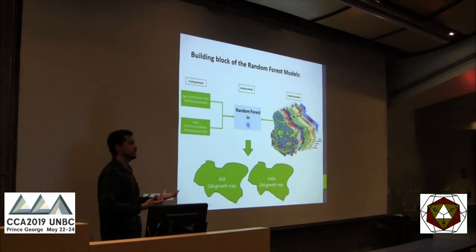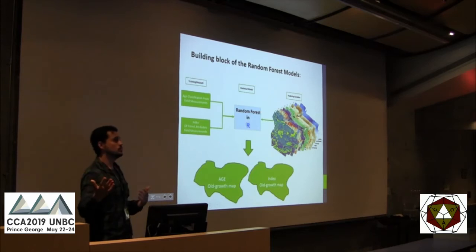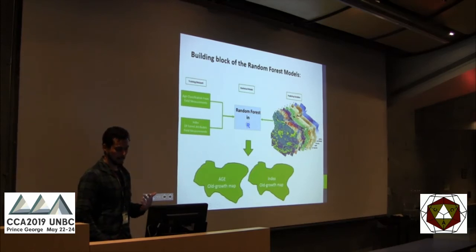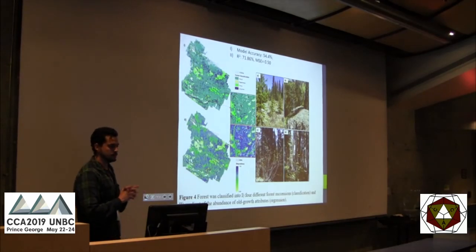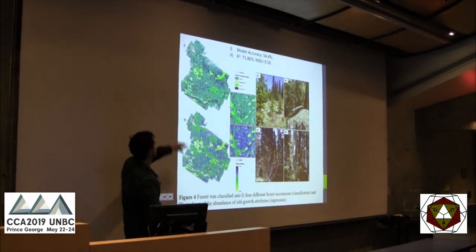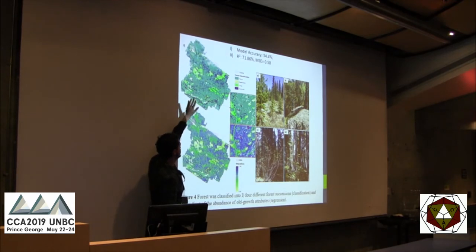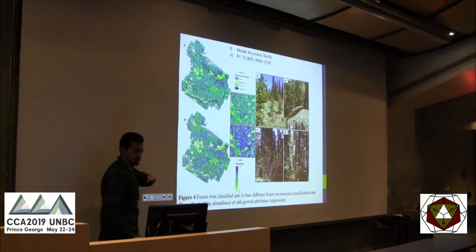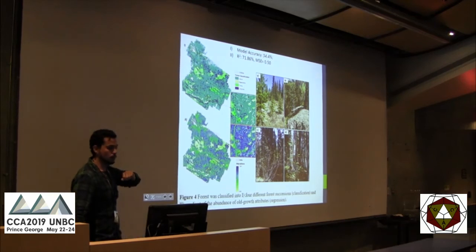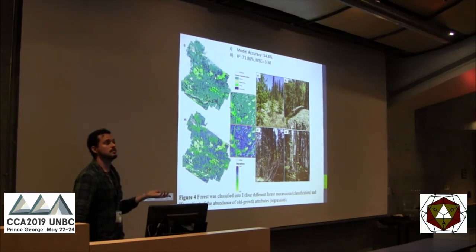Here at the top I have the age classification, and here I have the old growth index. And basically the blue parts are what I would classify as old growth.